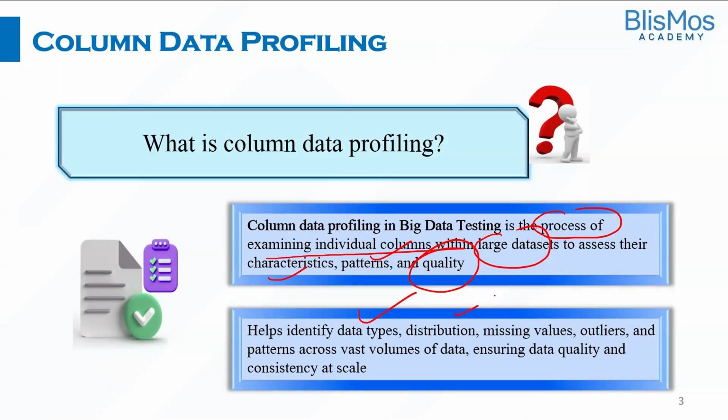How is the distribution of the data? Are there any missing values? Are there any outliers? Is any different pattern emerging by analyzing this data? Are there any patterns across the vast volumes of the data? By looking at the profile of a column, in a way, we'll understand the quality of the data.